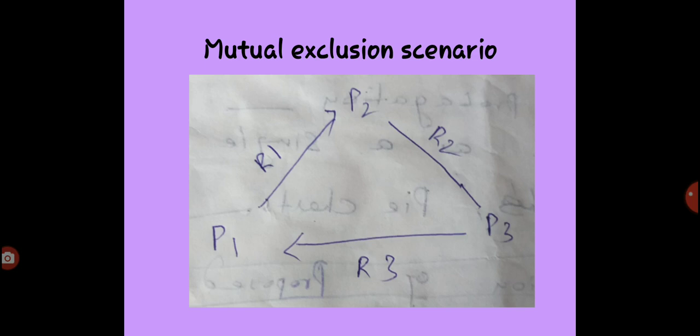P3 was already holding R3, and that resource 3 is released by P3 to be used by P1. So no resource is taken by a single process, and no process is waiting with starvation. So this is the scenario.